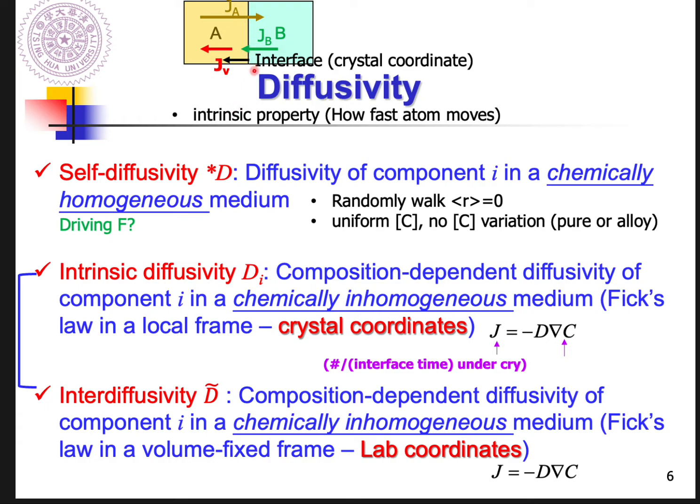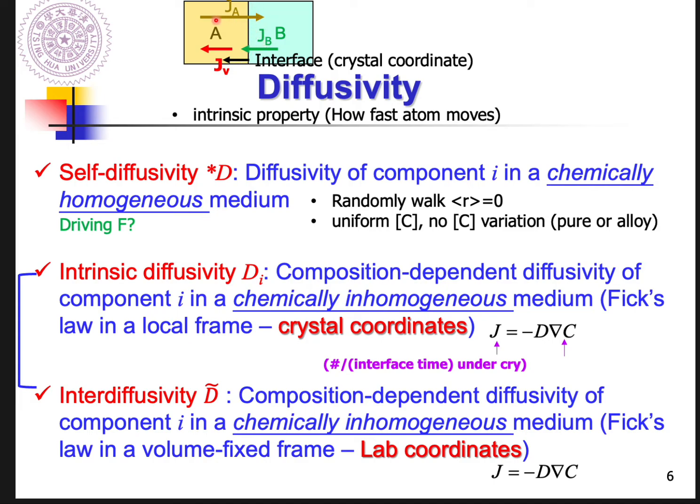Based on this, so far you know the interface is going to move to the left-hand side. I also labeled the vacancy flux. If you take a look at a specific cross-section or specific interface of this system, the summation of the net flux of different components should equal 0.